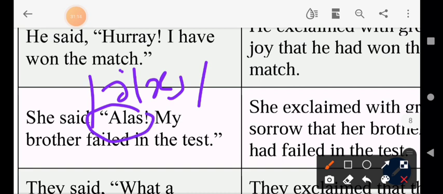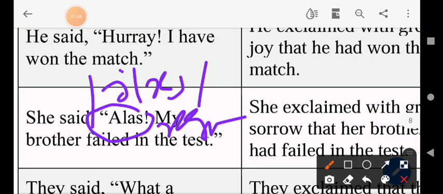I have already discussed it at the beginning of the class. Alas is used to express sadness, feeling sorry about something. It is used to express regret. What is the meaning of regret? Regret means feeling sad, repentant or disappointed. When his brother failed, he was disappointed, my dear students.